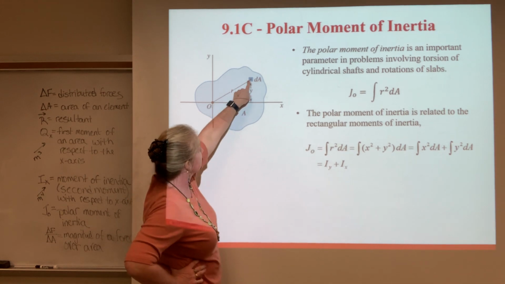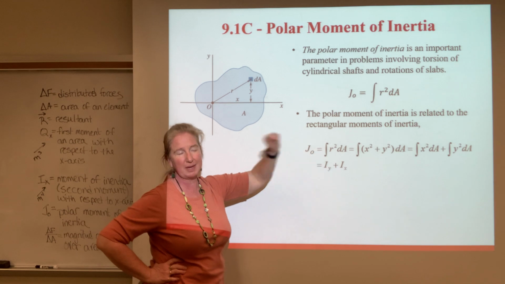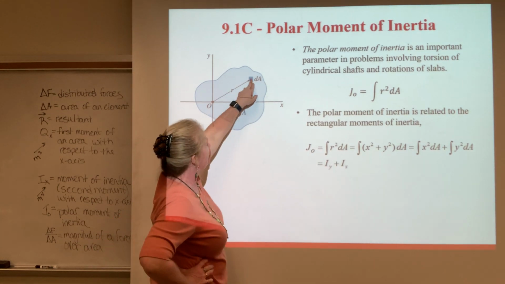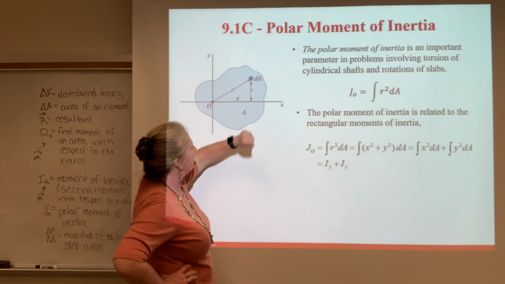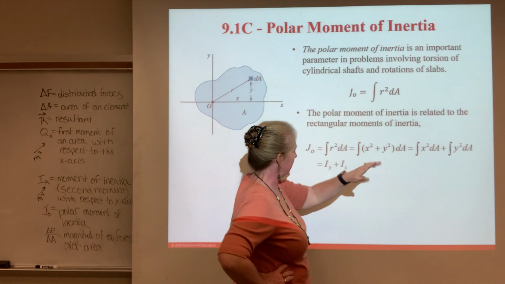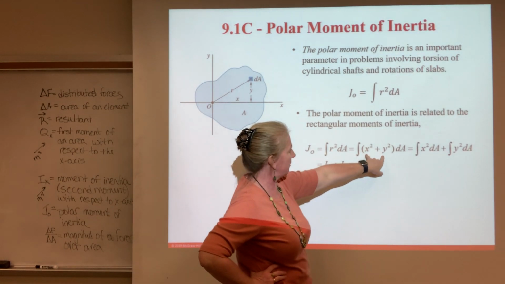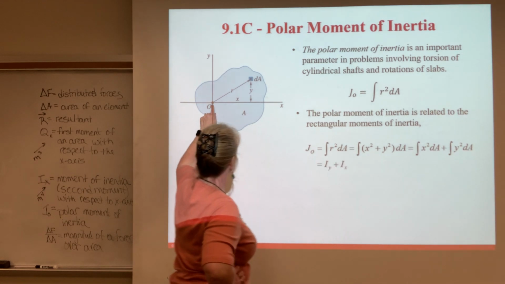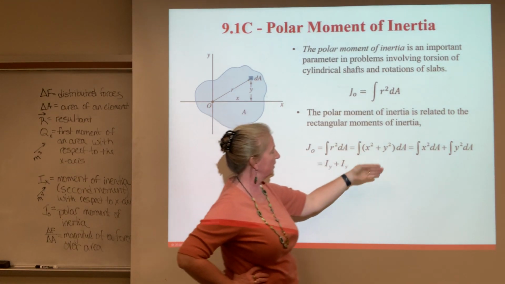So r is some sort of distance, think position vector, which we talked about way back, and then dA. What is that little area? Well, it's simply x times y, but we'll get there, hang on. But what is r? Well, think Pythagorean theorem. It is x squared plus y squared. That gives me r squared. Think circles.